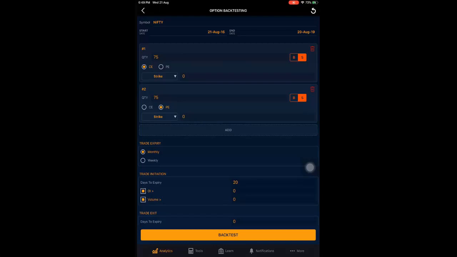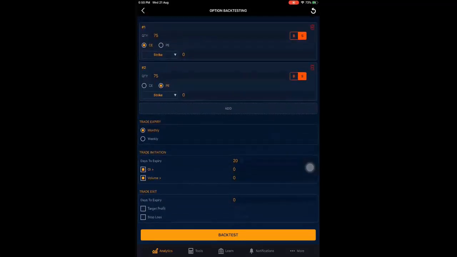CE means call, PE means put, and you define buy or sell. I'm defining via strike. Strike 0 means at the money, so in both cases it is 0. Now I have selected monthly expiry. I'm entering the strategy 20 days before expiry, and I'm holding on till expiry. So 0 means expiry day. Backtest.